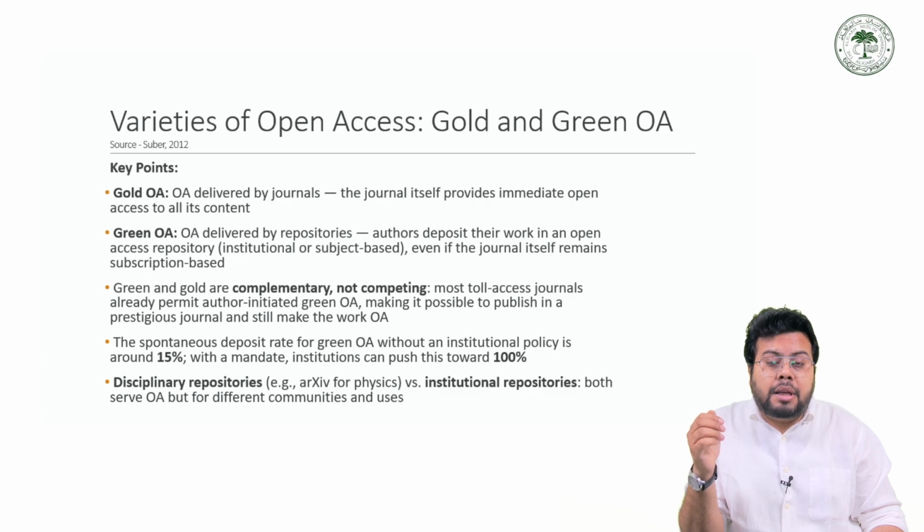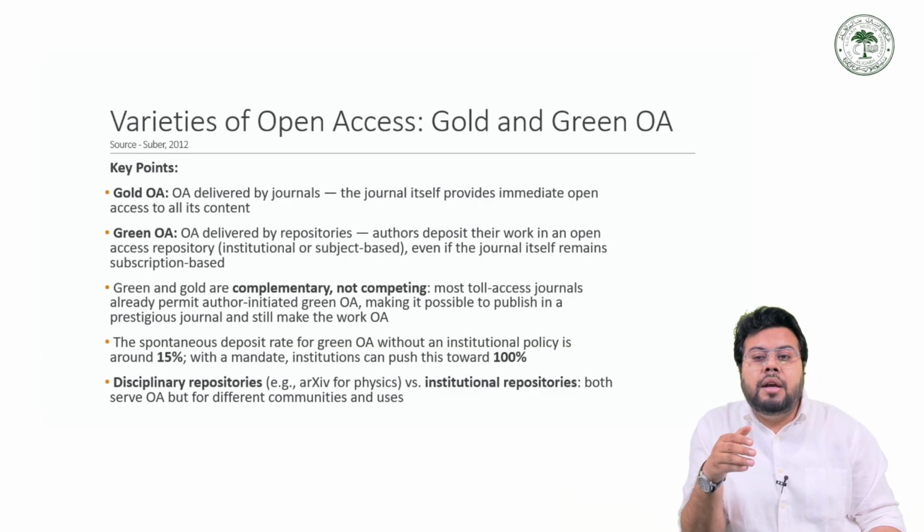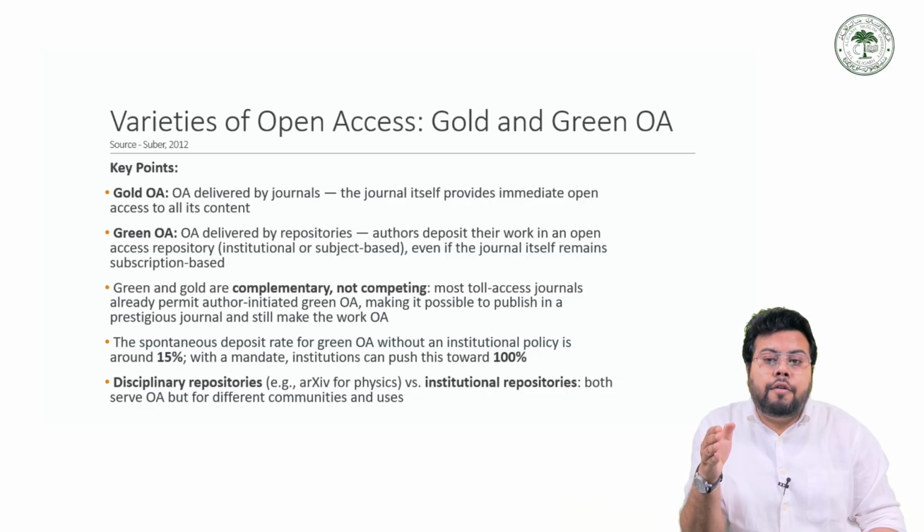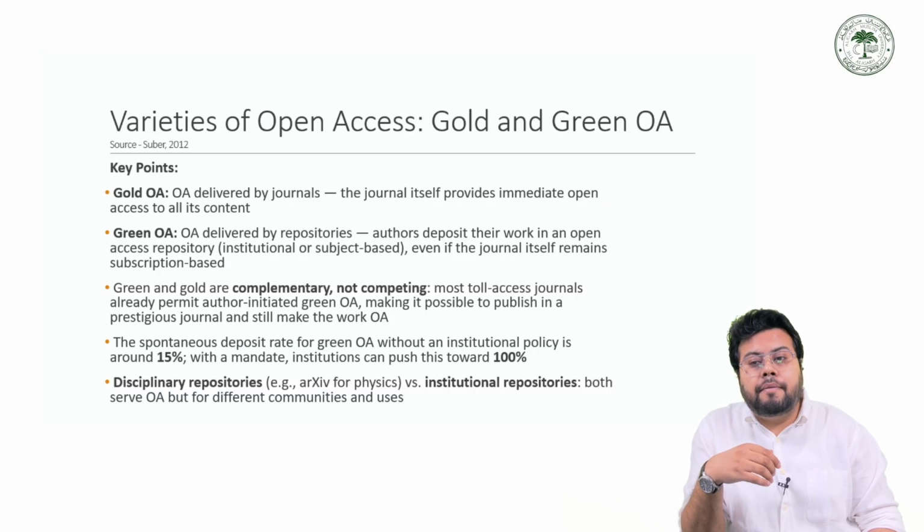remains subscription based. Right? So, a very common misconception is that open access means finding and publishing in a fully open access journal. But green open access means you can publish in a top toll access journal in your field and then deposit your own version in an open repository, and both can happen simultaneously.